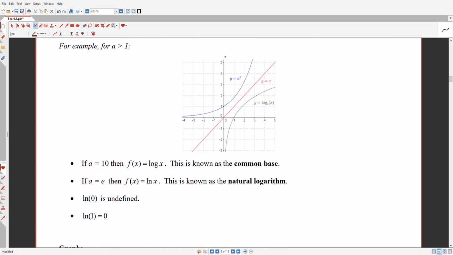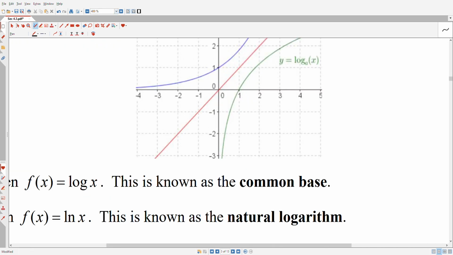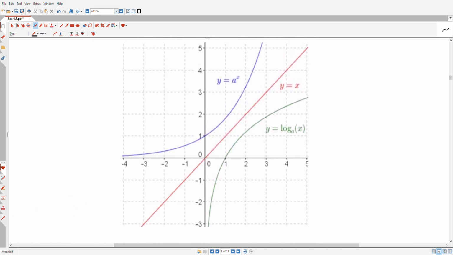So let me zoom in on this picture here. There it is. In blue here, we have an exponential function, y equals a to the x. And in red, we have the line y equals x. One thing to note is these exponential functions all pass through the point where x is 0, a to the 0 equals 1.